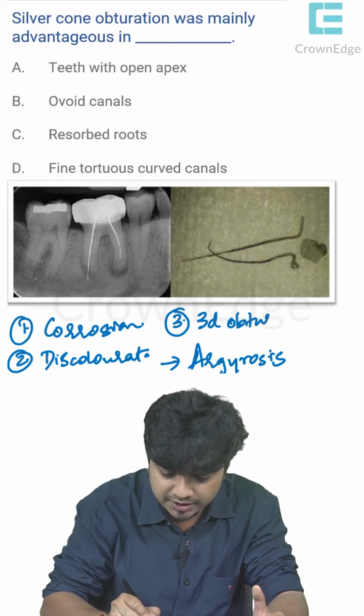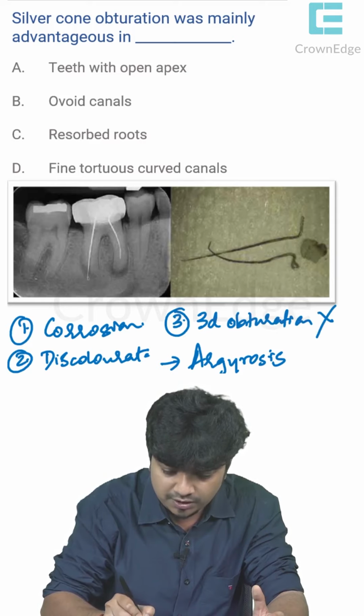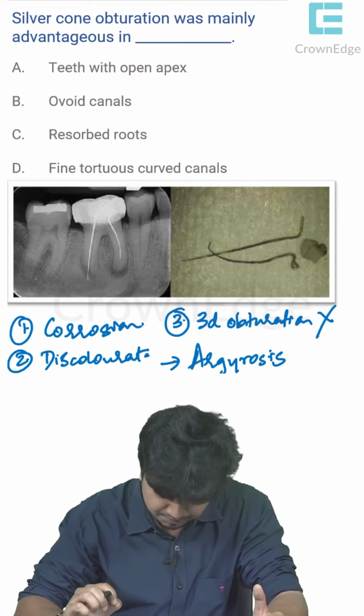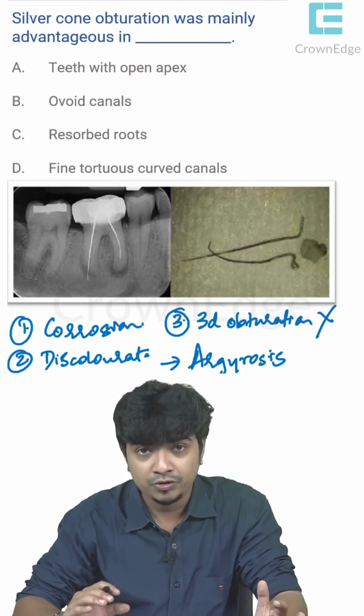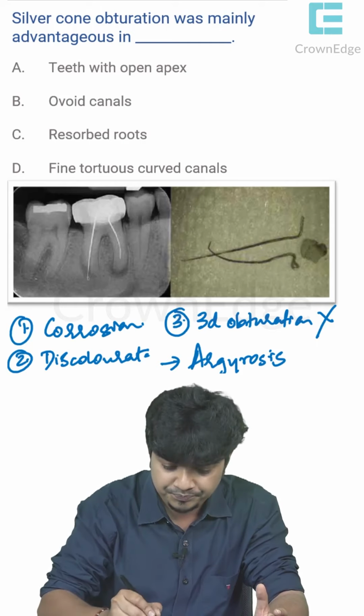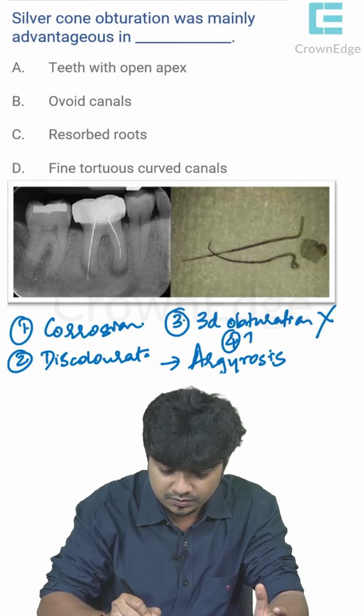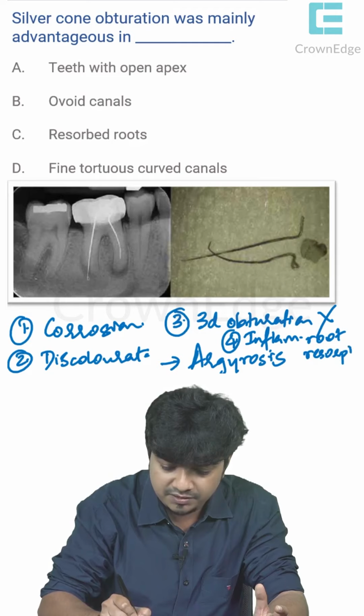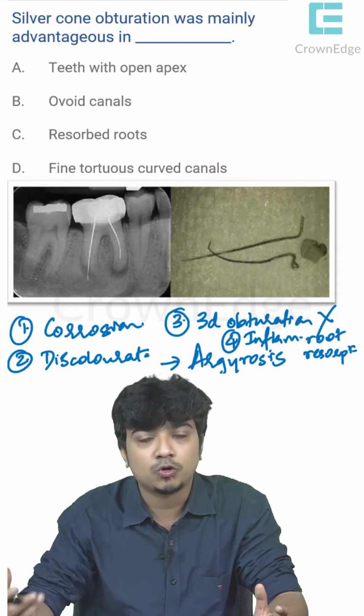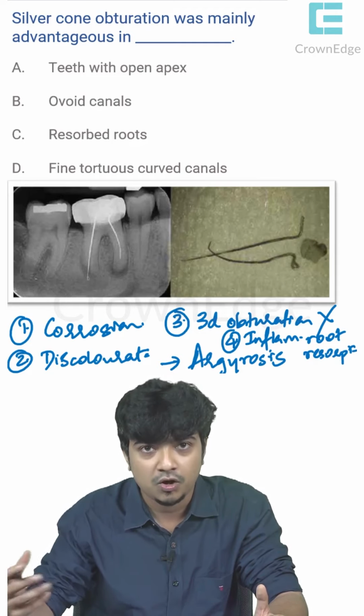So 3D obturation is not possible. And another main problem was that inflammatory root resorption can also occur. Inflammatory root resorption has been observed in certain cases due to the corrosion products which leach out of the canal.